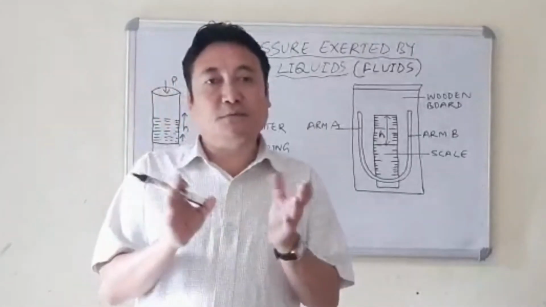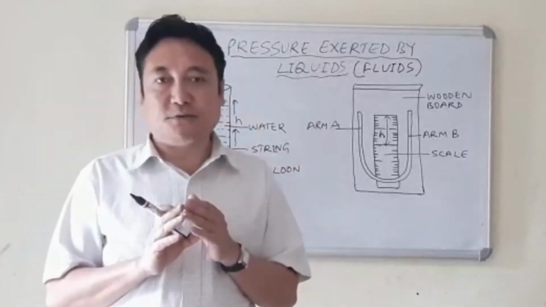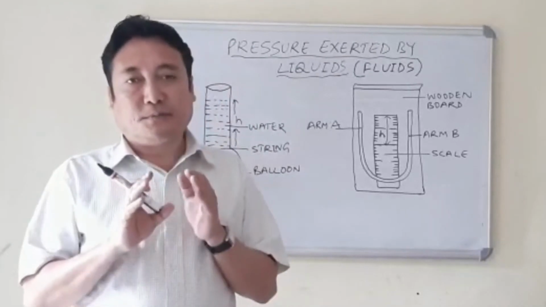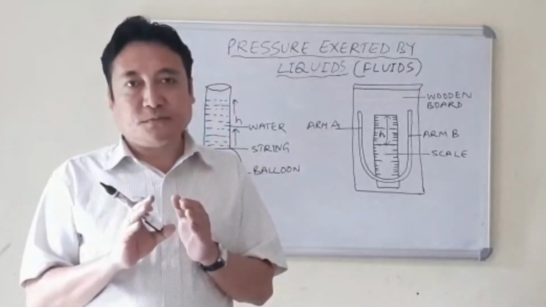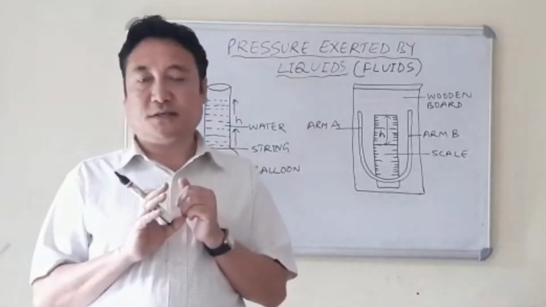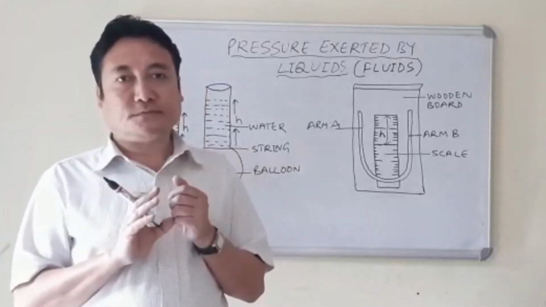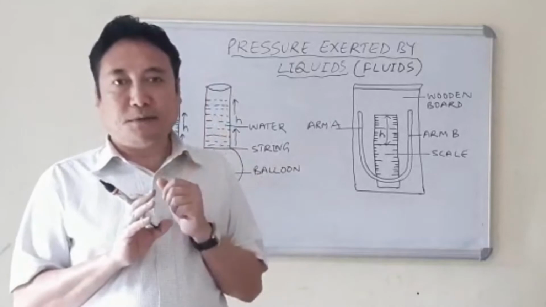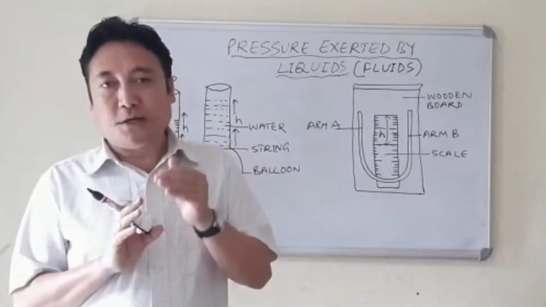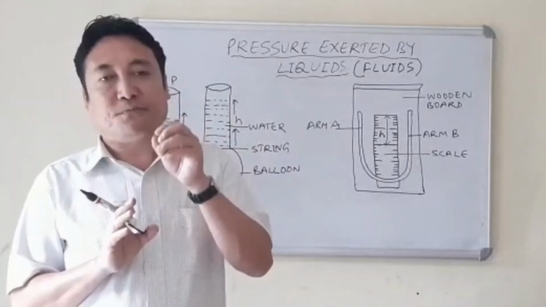But the solid will exert pressure differently. When we come to the difference between the pressure exerted by a solid and a liquid, a solid exerts pressure only on the portion where the body comes in contact with the surface. When you keep a stone on the table, only the portion of the stone which comes in contact with the table exerts pressure.